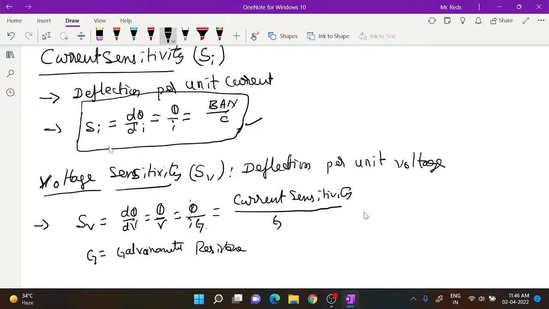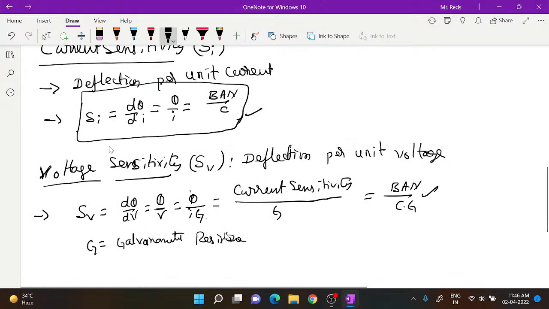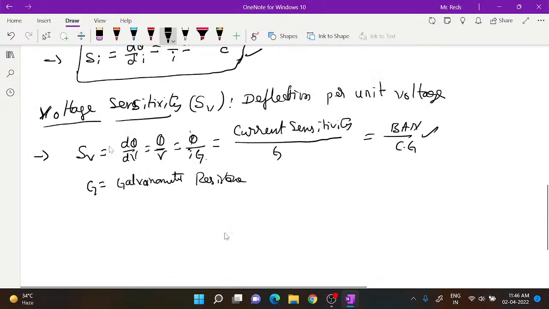But current sensitivity is nothing but BAN by C. So from this you can write voltage sensitivity as BAN by C into G. This is how we can express voltage sensitivity in terms of current sensitivity; these are interrelated. Here we have to keep in mind that G is the galvanometer resistance.